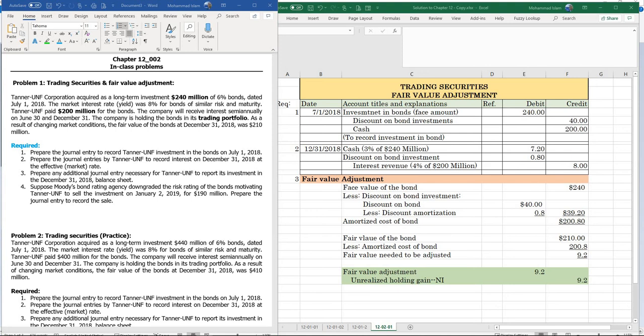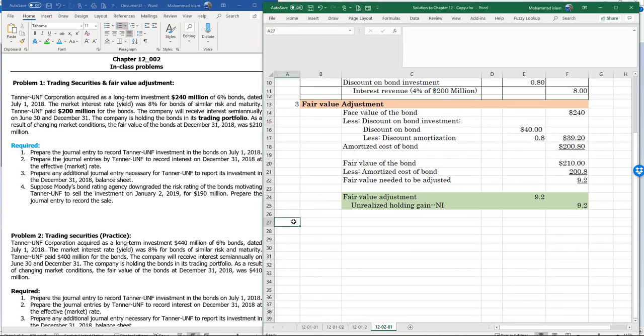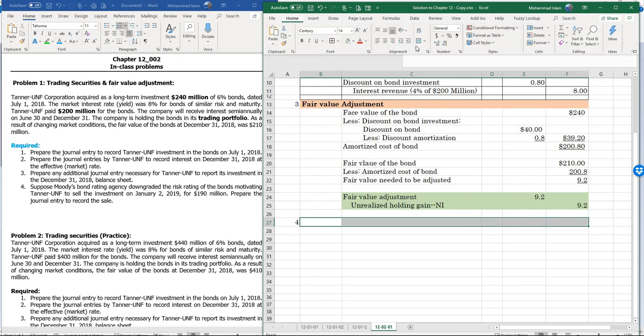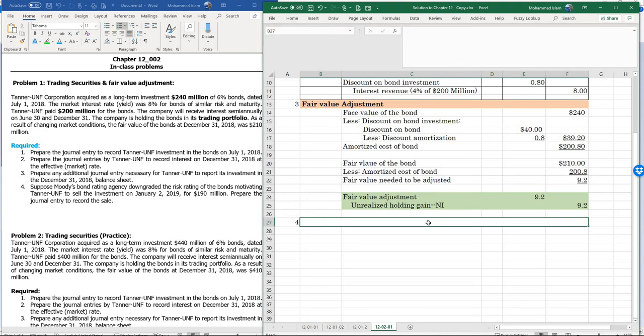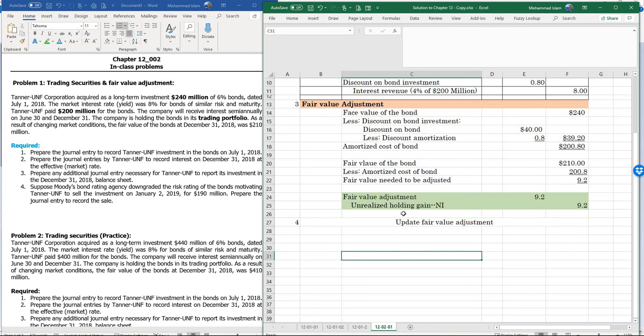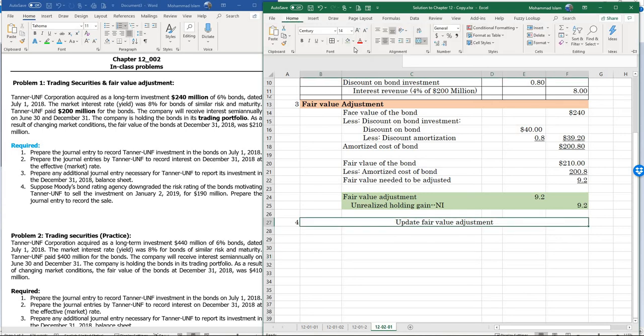Now let's see number 4. What we need to do is update the fair value adjustment. Why? Because the fair value has changed.